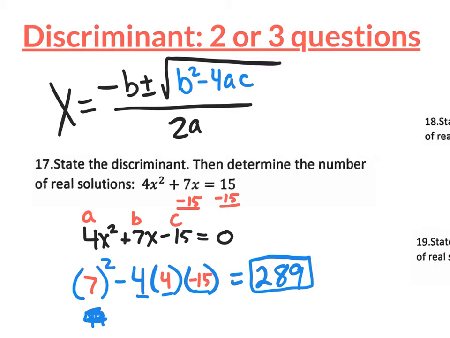So it really does produce 2 different answers when your discriminant is a positive number. So the discriminant is 289, and you end up with 2 real solutions.